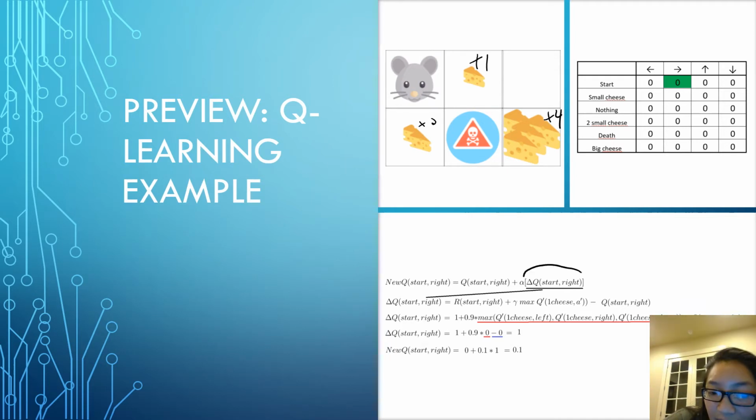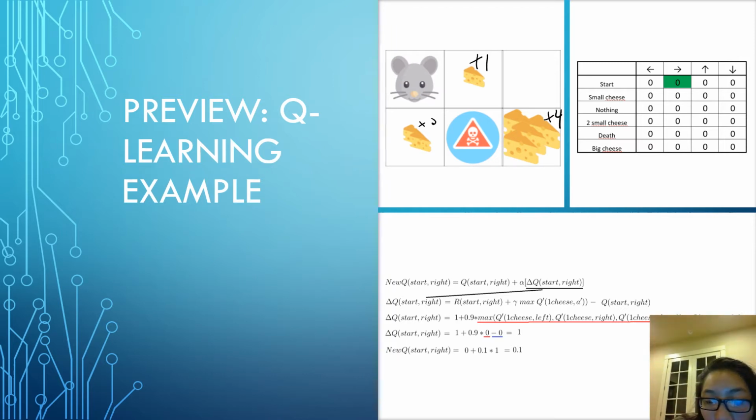So to find out this term right here, remember, it is the reward given in that state, in that action, plus the discount rate multiplied by the maximum expected reward in the new state and all possible actions in that new state, minus the current action value function.